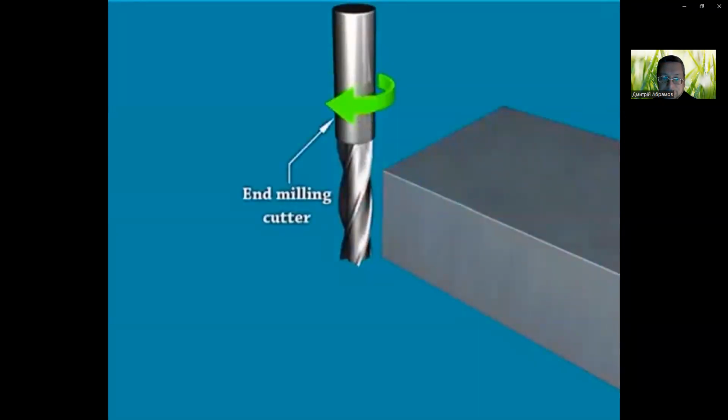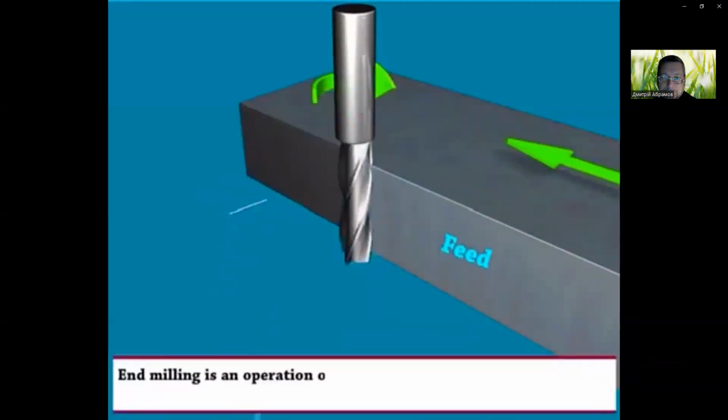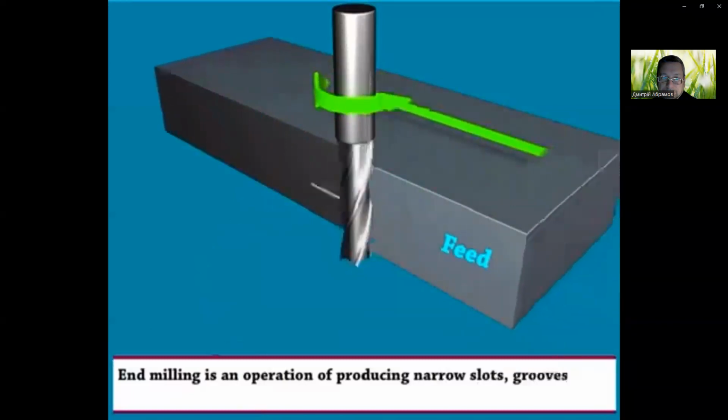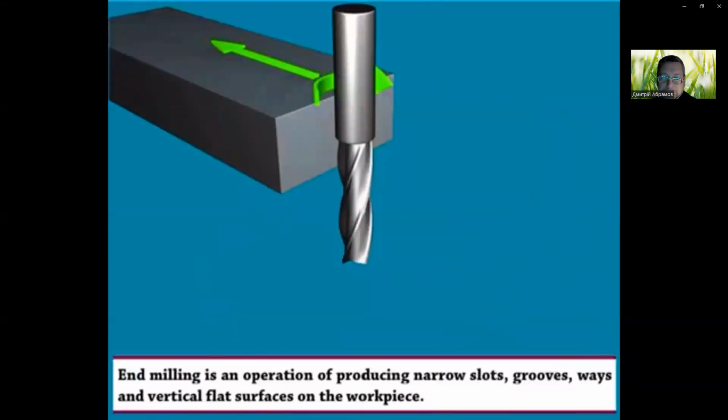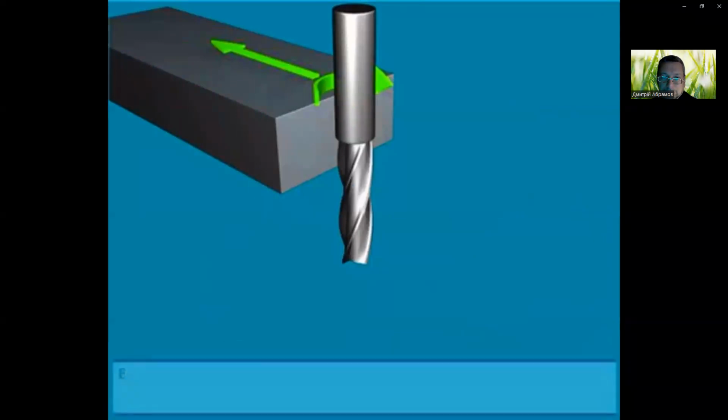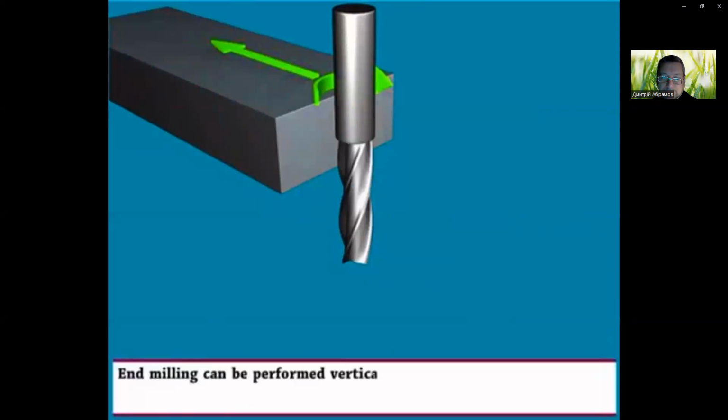End milling cutter. Workpiece. End milling is an operation of producing narrow slots, grooves, ways, and vertical flat surfaces on the workpiece. End milling can be performed vertically, horizontally, or at an angle in reference to the table.